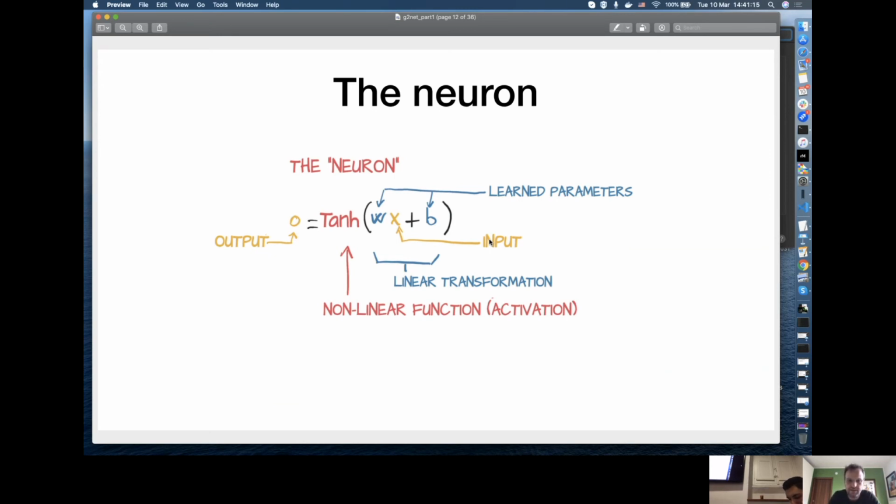The nonlinear function is something that most of the time is not learned. So all you learn is the things in blue: the linear transformation and the bias. B is the bias, so the constant that you add to it. This will basically most of the time be what your neural network will optimize, what the learning process will optimize.